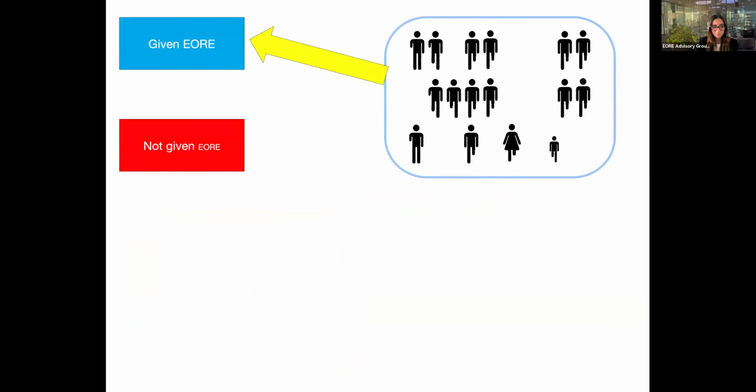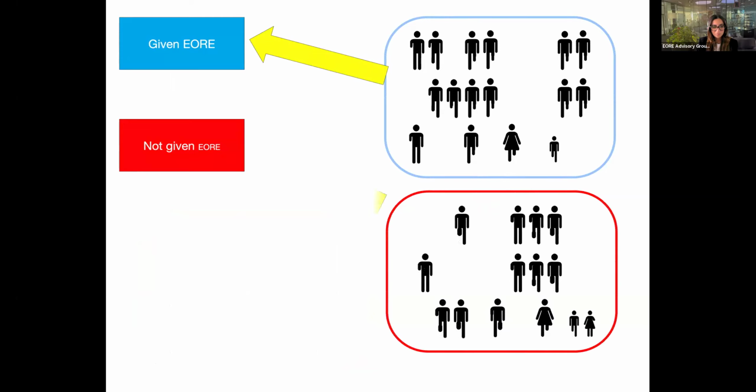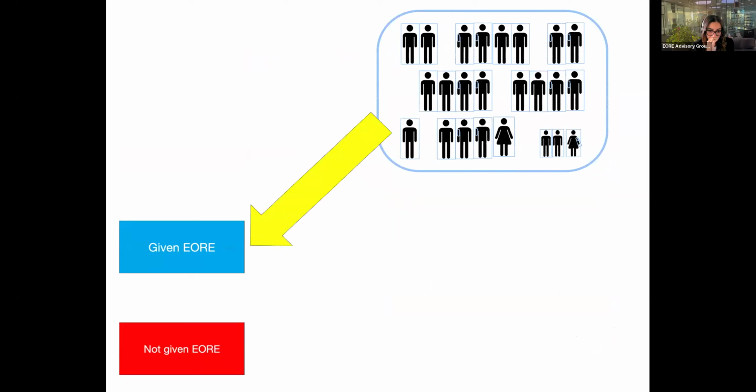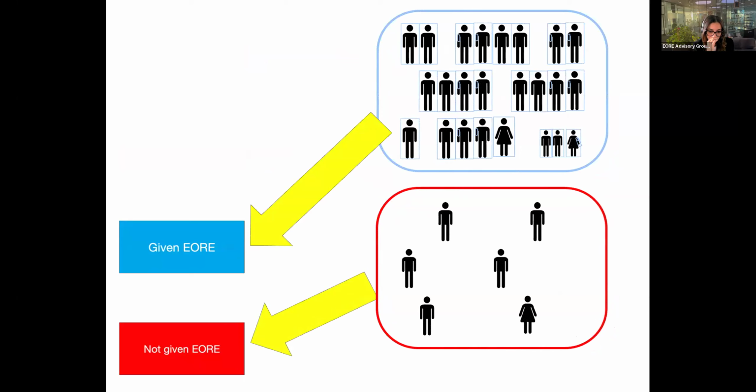So here we have this amount of cases, these casualties. They tell us that they were given risk education before their accident. And this group of cases tell us that they were not given risk education before their accident. Similarly, we interviewed the controls. These people tell us that they were given risk education, and these people tell us that they have not received risk education.